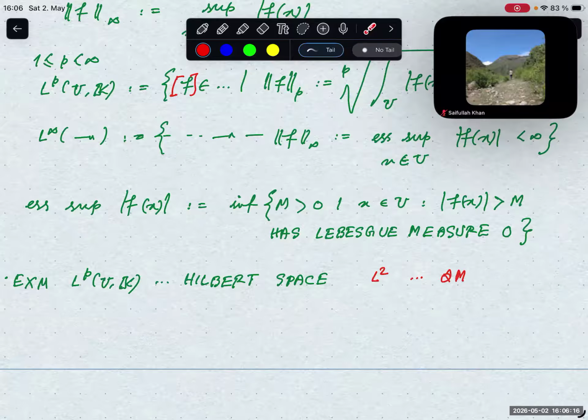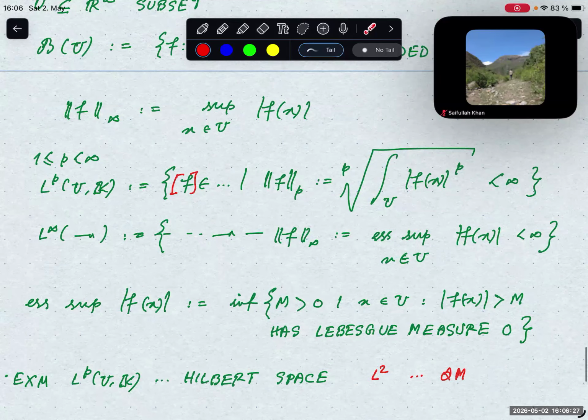Usually in quantum mechanics, you consider operators on a Hilbert space. And the reason is the conservation of probability, which basically means that if you square some function, so p equals 2, and then you take the square root, you get the same norm.